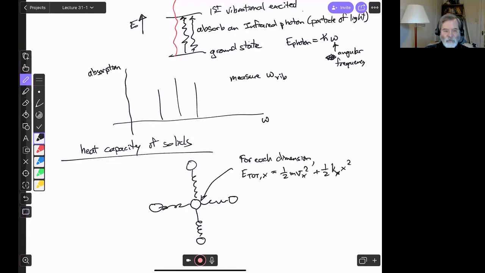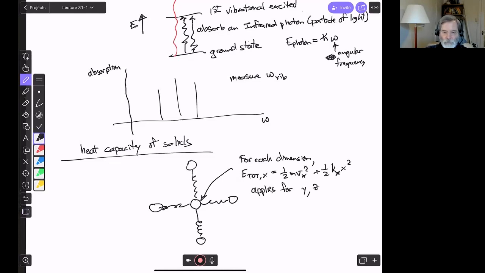So the kinetic energy of vibration and potential energy of vibration. And that applies also for the y and the z directions, because all 3 directions are the same.